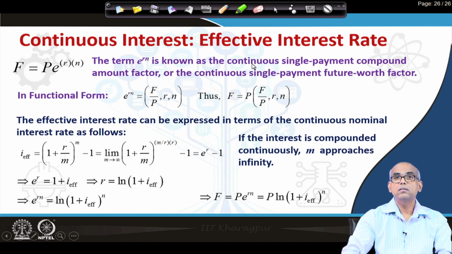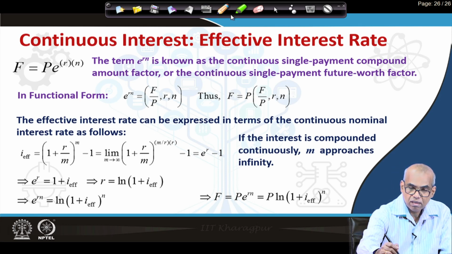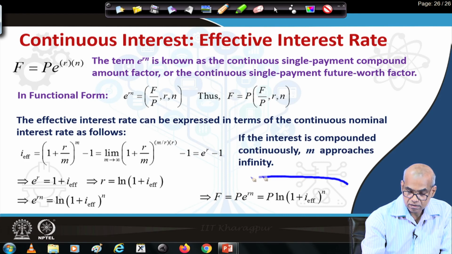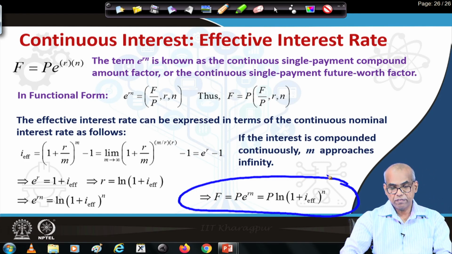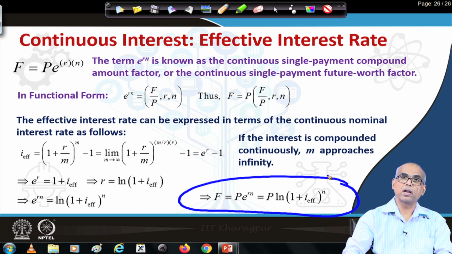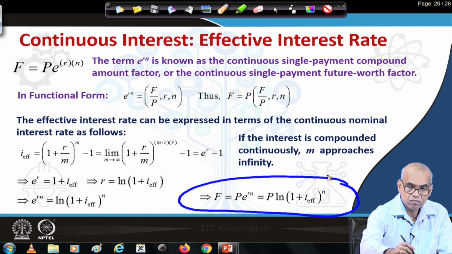Now, you know that the future value F equal to P into e to the power rn. So, in place of e to the power rn, you can write (1 plus i effective) to the power n, and you get the expression for the future value F equal to P into (1 plus i effective) to the power n. So, this is in terms of the effective interest rate.